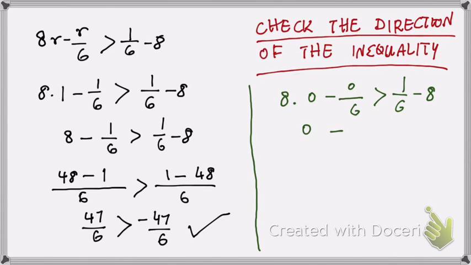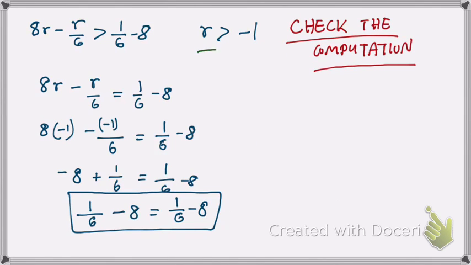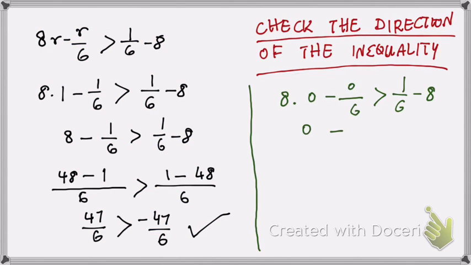The answer we got was r greater than -1, which means r can be any value greater than -1. We already tried 1. We can also try 0, so I'm going to try 0 here.